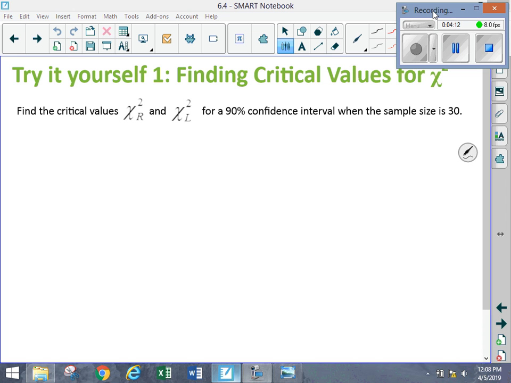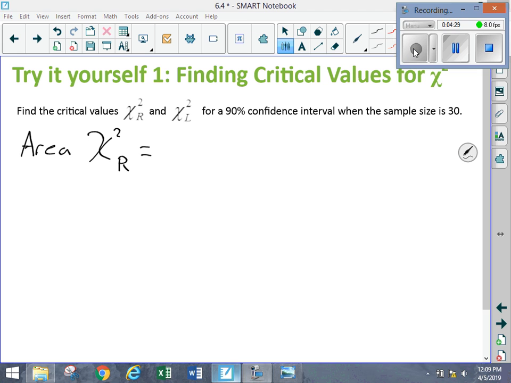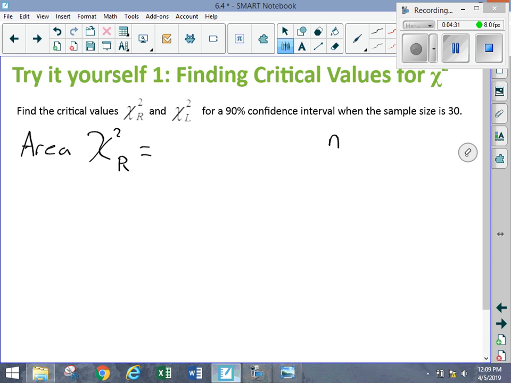First we need our degrees of freedom, which is n minus 1, so 30 minus 1, which is 29.